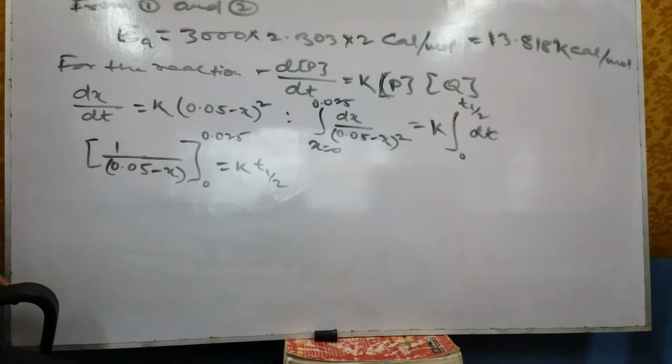Half-life will come when we put x equal to a by 2 and t equal to t half.